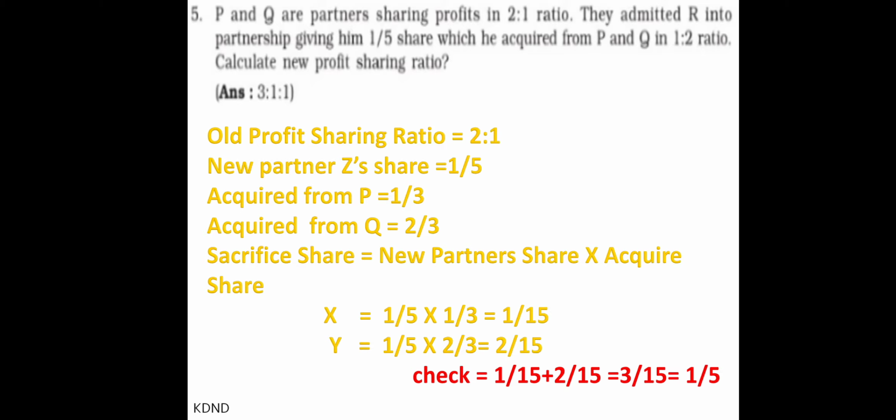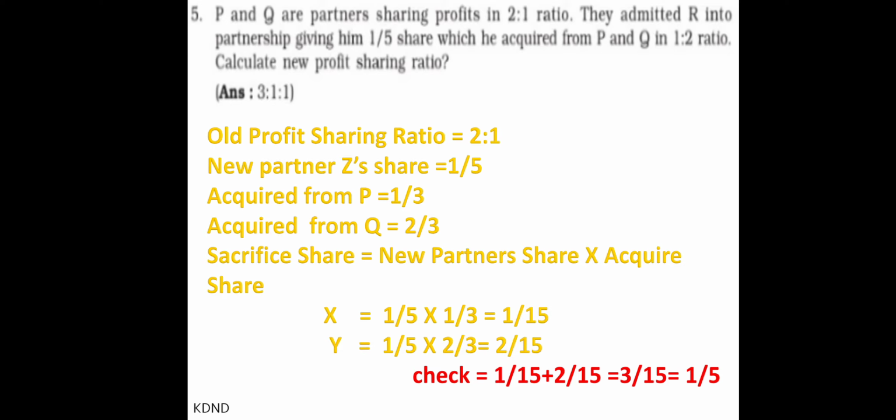Then comes your next sum. P and Q are partners sharing profits in the ratio of 2:1. They admitted R into the partnership, giving him 1/5 share, which he acquired from P and Q in 1:2 ratio.